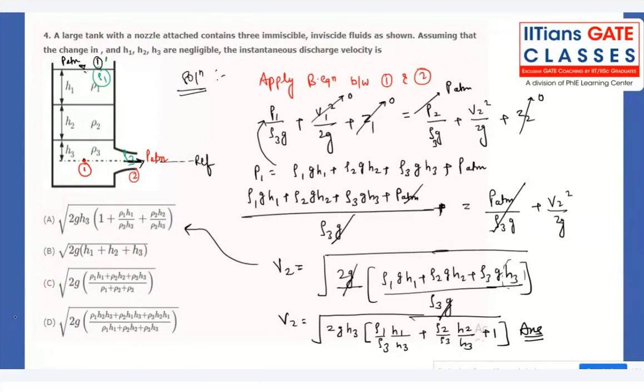You can try yourself. If you do not agree with this statement, apply the Bernoulli equation between point 1 and 2; you will end up getting maybe the B option, which is incorrect. The correct option is A.